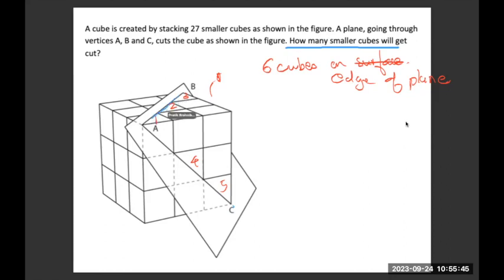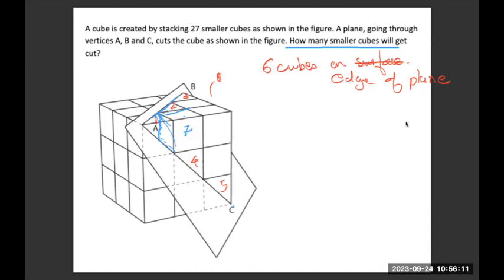I've already counted that. But this cube, this plane is cutting from here, which means if I draw the inner part of the cube here, this back cube will be cut at an angle like this. So second, this 7th cube will also be cut.